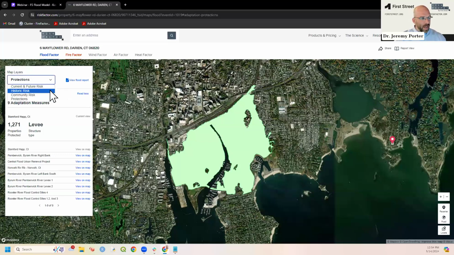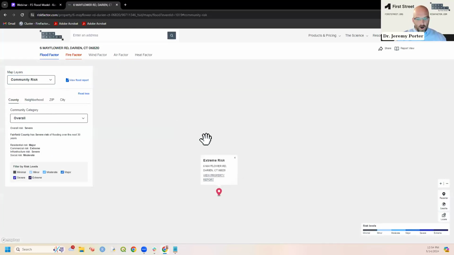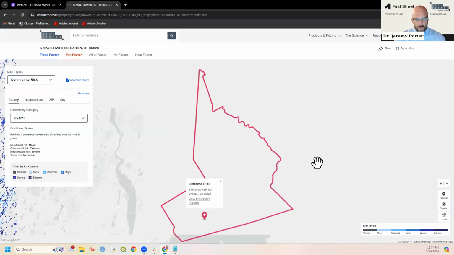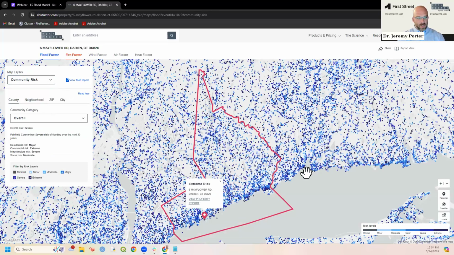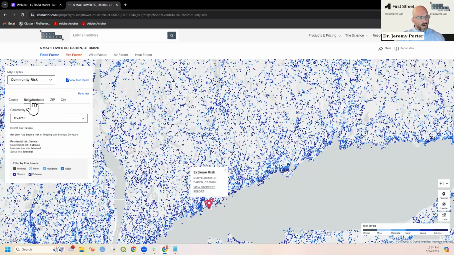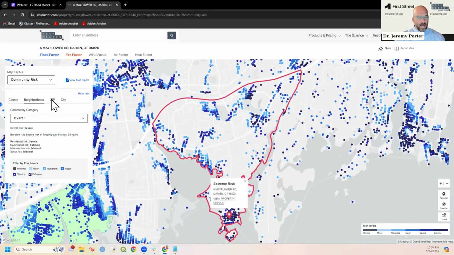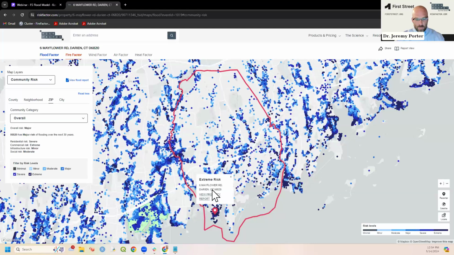Speaking of that, if we focus on the community risk, which is the last thing I'll show you before I show you damages, you can see the community risk associated with these properties at different levels. We may be interested in looking at this at the county level, the neighborhood level, or the zip code level. Maybe for this, I'll just keep it at the zip code level.